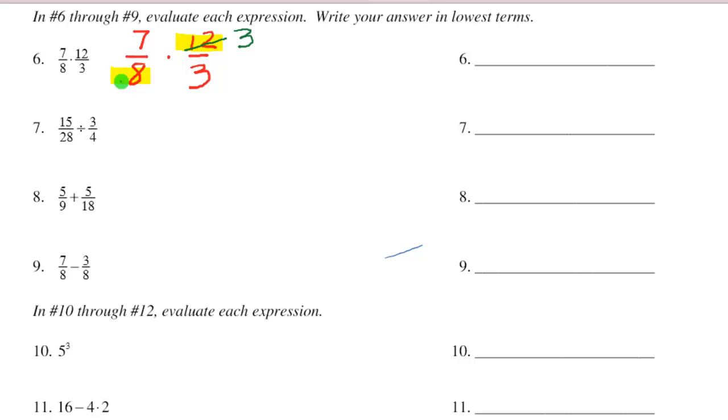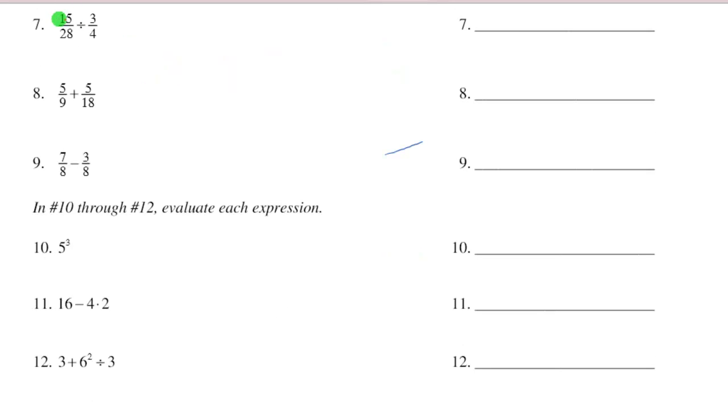So 12 divided by 4 leaves me a 3, and 8 divided by 4 is 2. And oh, well, here we have 2 3s. One on the top and the bottom of this fraction, so those are going to reduce. Those are going to leave us 1s. And now we multiply across. So 7 times 1 is 7, and, excuse me, 2 times 1 is 2. So 7/2 for number 6.